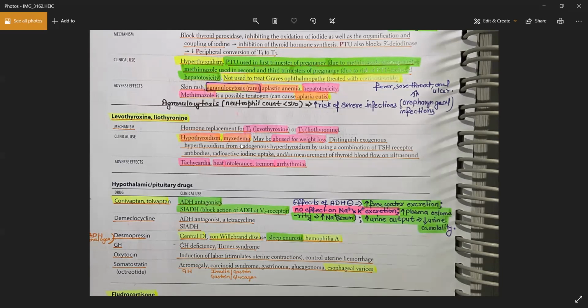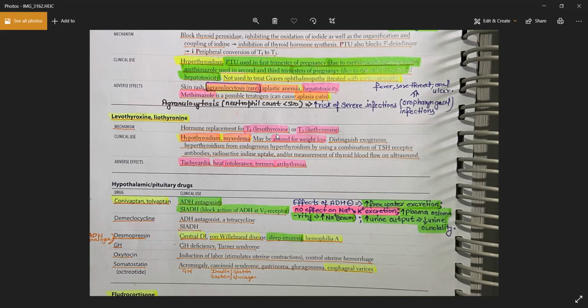Because the thyroid hormone is responsible for the clearance of the GAGs, so that can treat myxedema. And because they can cause hyperthyroidism, they're generally abused for weight loss, because one of the features of the thyroid hormone is to increase the metabolic rate, right? So they can cause weight loss also. So you always need to distinguish between exogenous thyroid intake and hyperthyroidism.